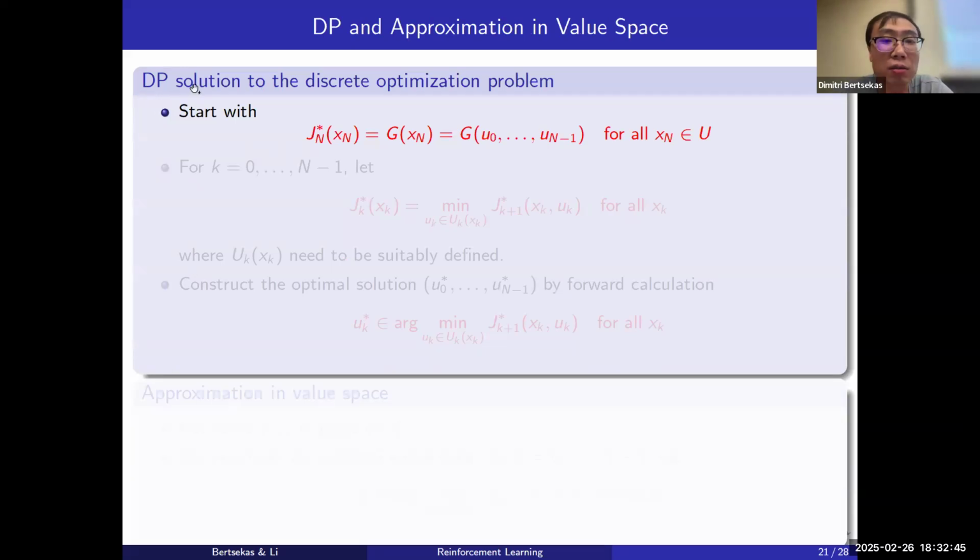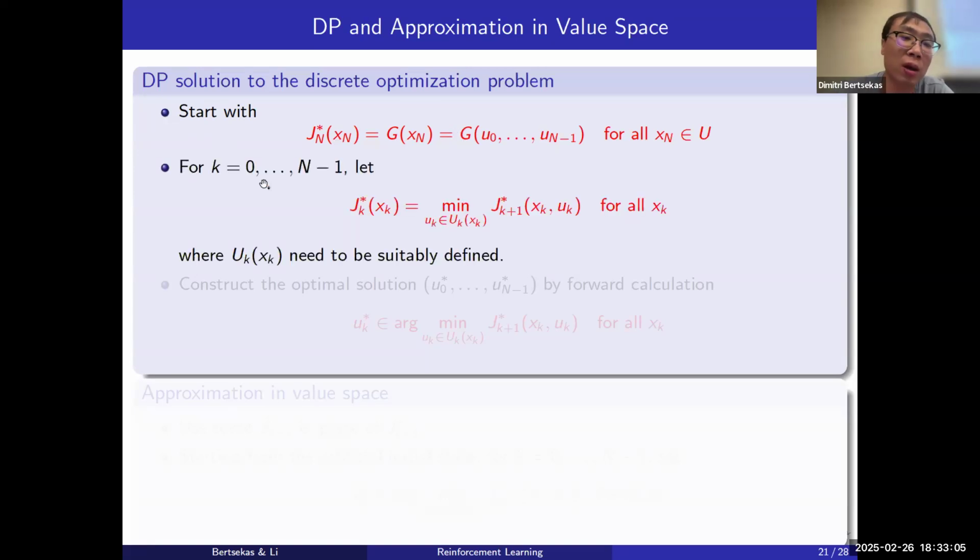As I mentioned, for the dynamic programming formulation, if we're going to solve this problem, we start with the terminal cost, g of xn, set Jn star equal to g, which is the cost of this problem.